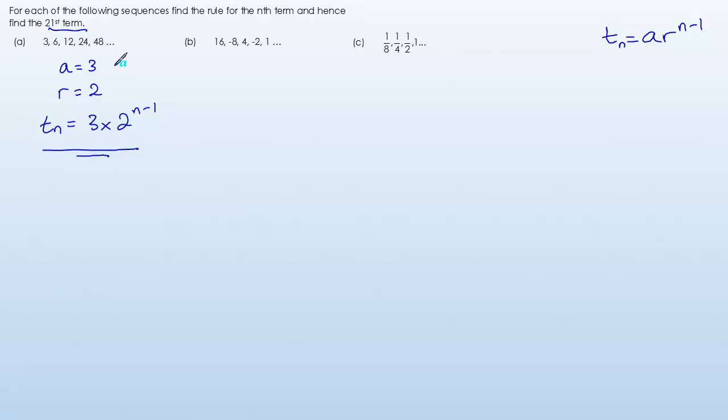For the 21st term, we take n is 21. So T21 is going to be 3 multiplied by 2 to the 21 take away 1, which is 3 multiplied by 2 to the power 20. We can calculate that.